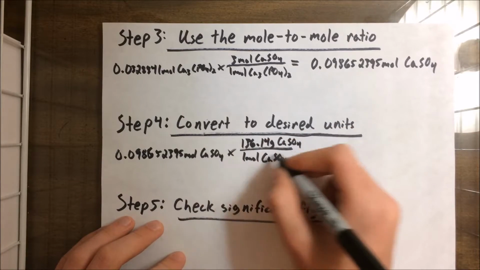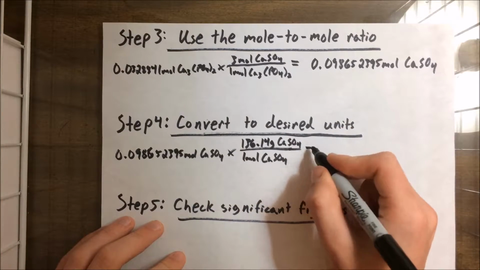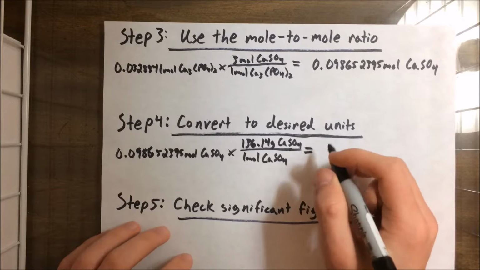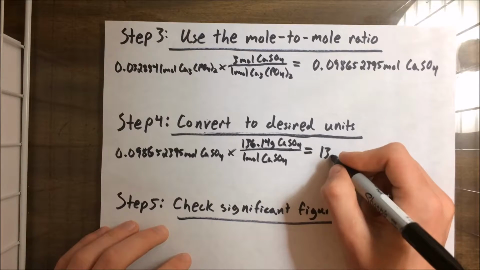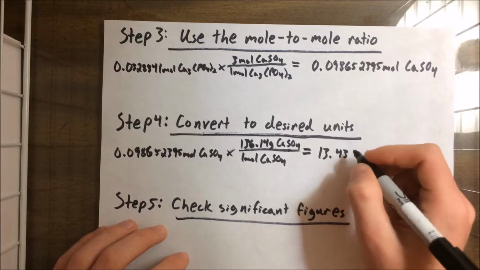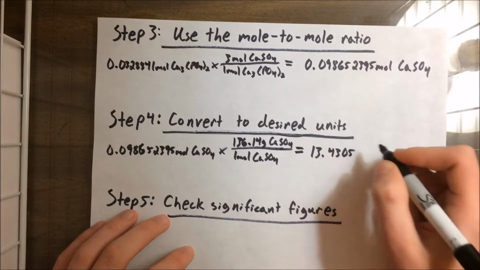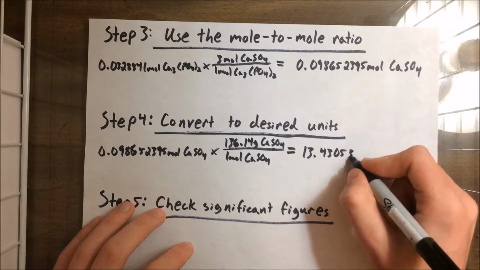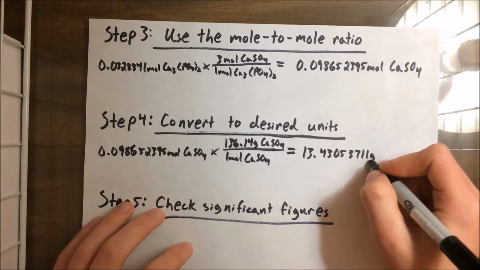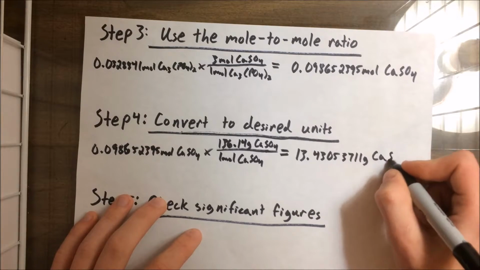So this is the molar mass. And that would be equal to 13.43053711 grams of calcium sulfite.